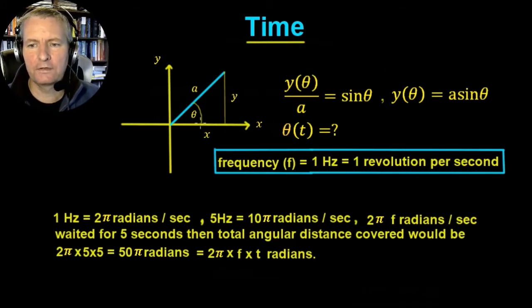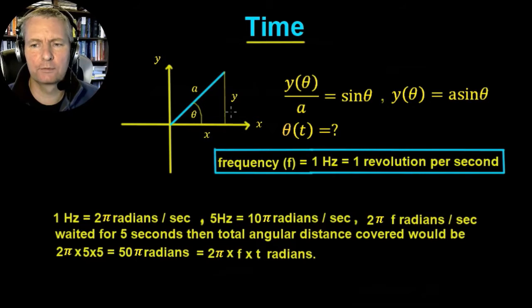But as theta turns round, we're interested in the time it takes to go round. So we're interested in the function theta as a function of time, and we don't know what that function is. What we do is define something called the frequency. The frequency is defined such that 1 Hertz is 1 revolution per second.